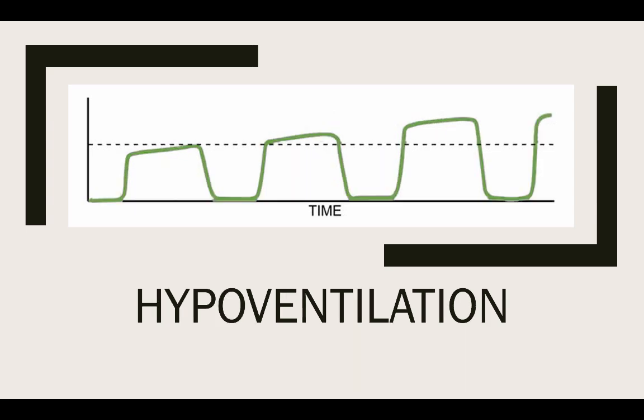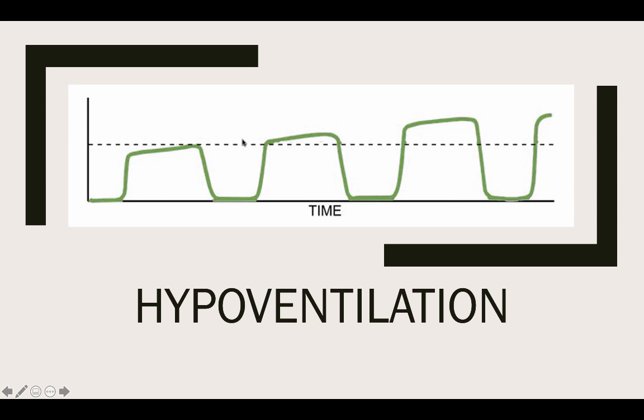On the other side of hyperventilation is hypoventilation. Again, the waveform looks the same, right? Our alpha angle and beta angle are the same. We're good there. They're just a lot more spaced out. And my end tidal CO2, which is measured here, here, here, is going up and up and up.